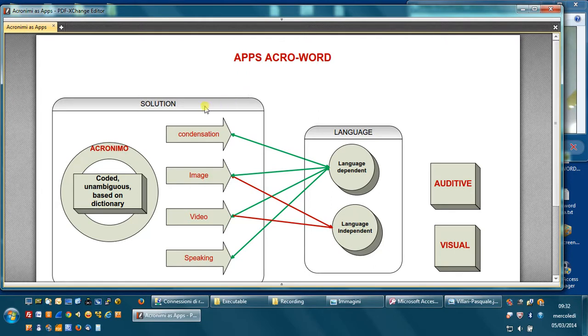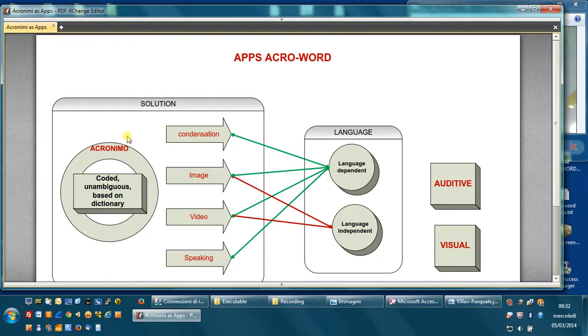The solution of AcroWord is based on acronyms. The acronym is the object. These are the fundamentals related to the solution. First of all, the acronym is coded.